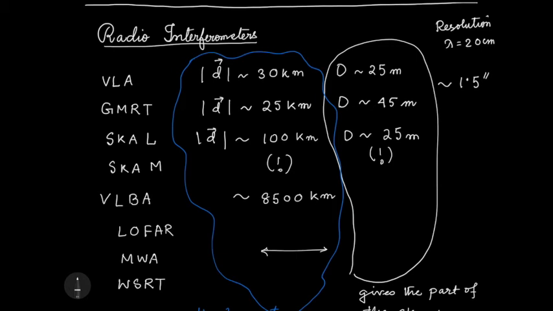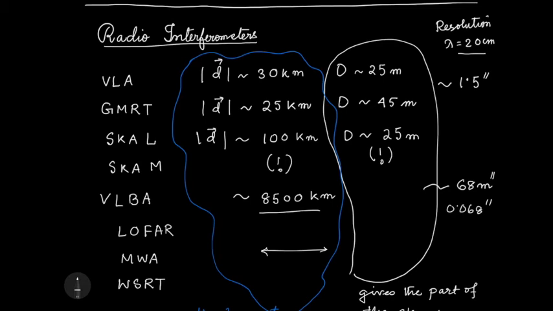And when you go to VLBA, which has an enormously large baseline, it will be 68 milliarc second, 0.068 arc second. Okay, so for 20 centimeter. If you go to a smaller wavelength, then this will decrease even more.